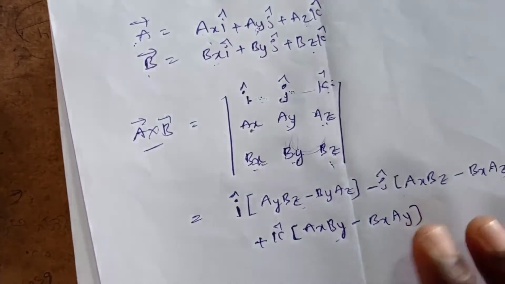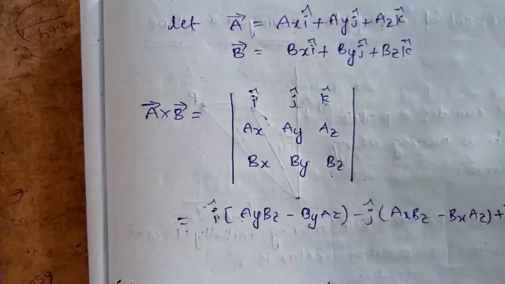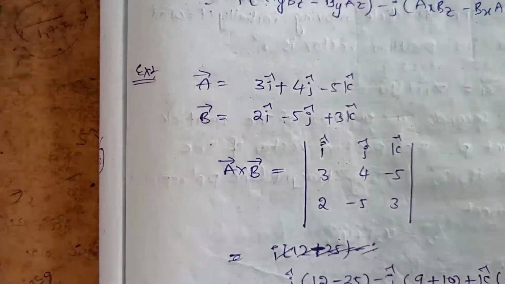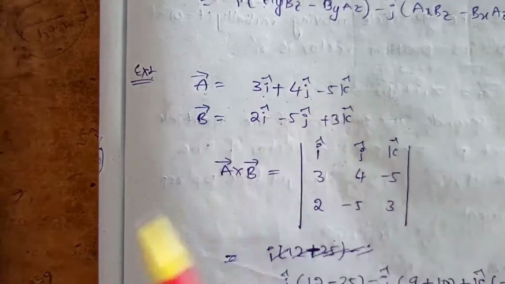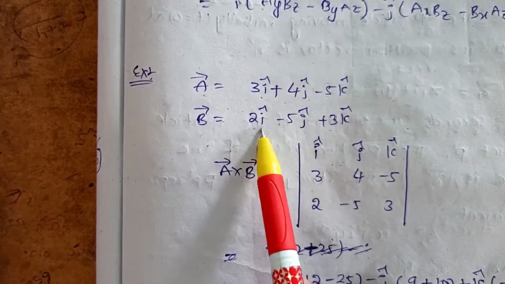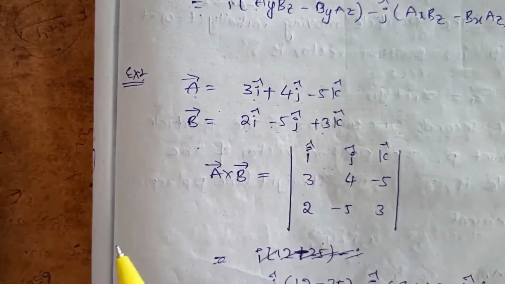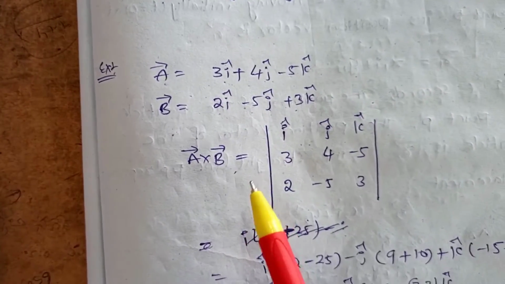For example, if you take one example, A is equal to 3 i cap plus 4 j cap minus 5 k cap, and B equal to 2 i cap minus 5 j cap plus 3 k cap. So these are the two vectors. What is the cross product of these two vectors?